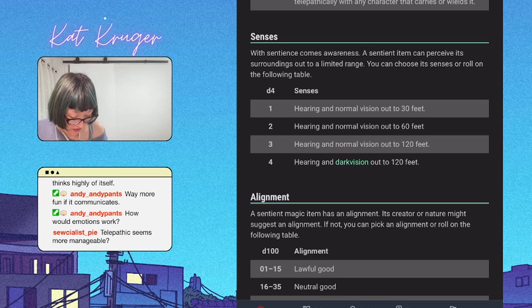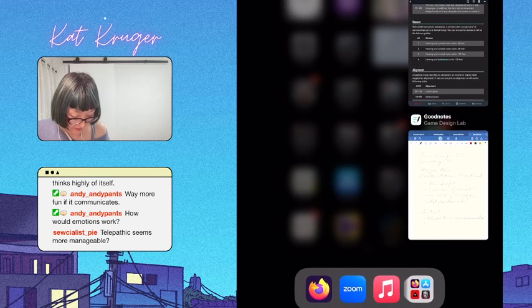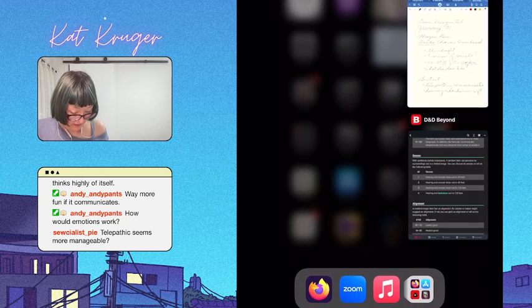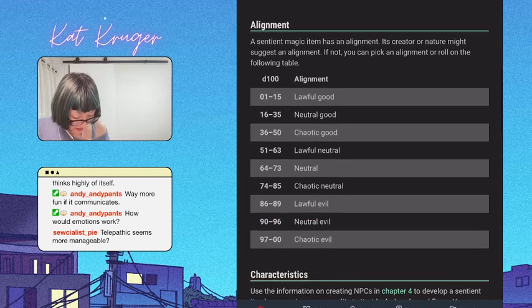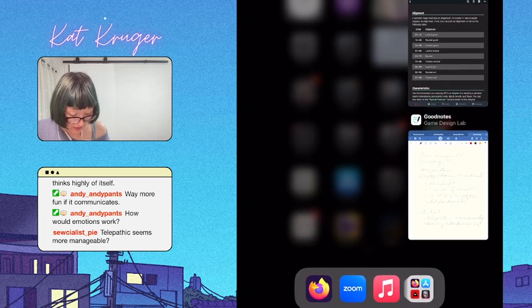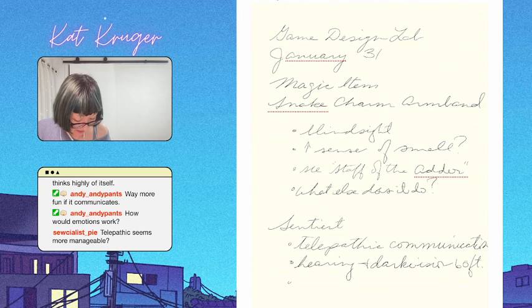Hearing and darkvision, 60 feet. I'm just going to put some sort of evil alignment and we'll figure out specifically when we develop a personality.